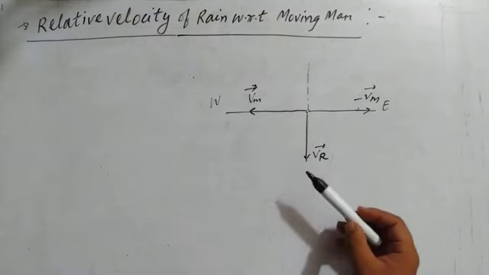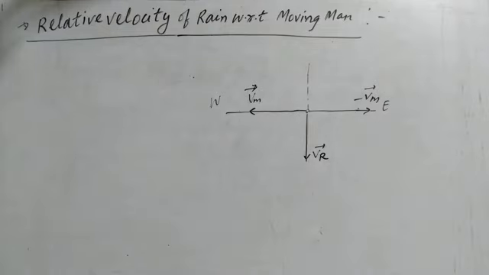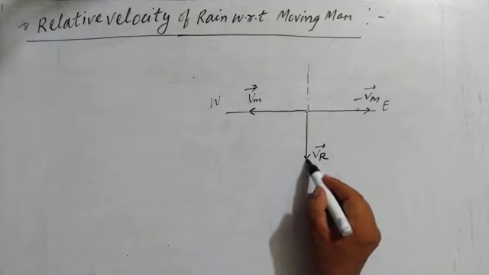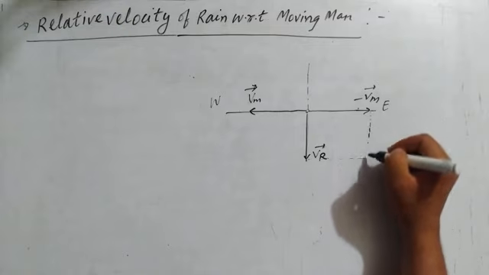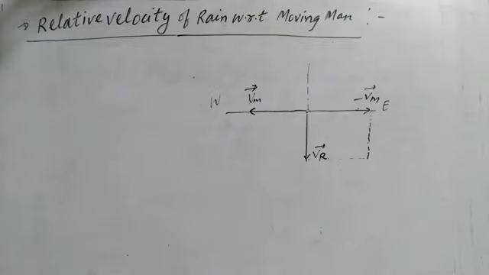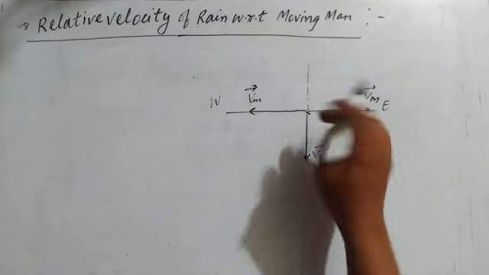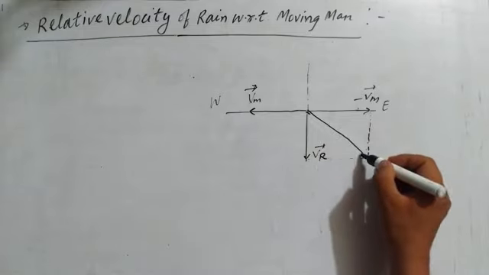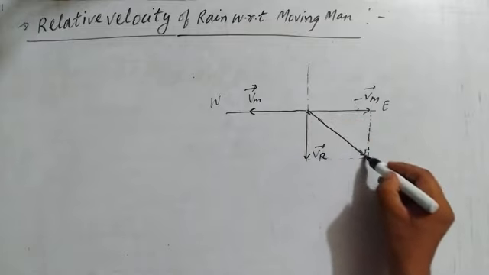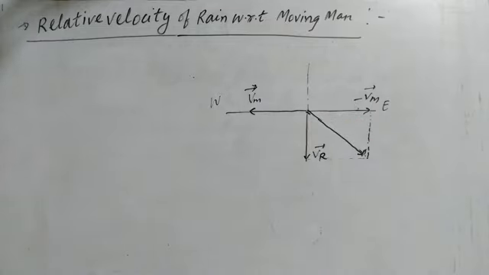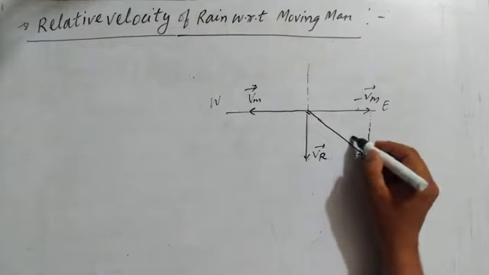Now we have to find the resultant of these two velocities Vr and minus Vm, and for this we will simply use the parallelogram law of vector addition. So we will complete this rectangle and draw this diagonal which will join this point. Now this diagonal will show the relative velocity of rain with respect to the man, Vrm.